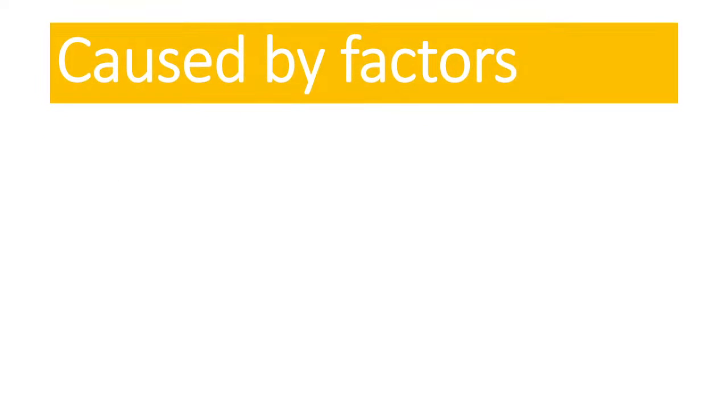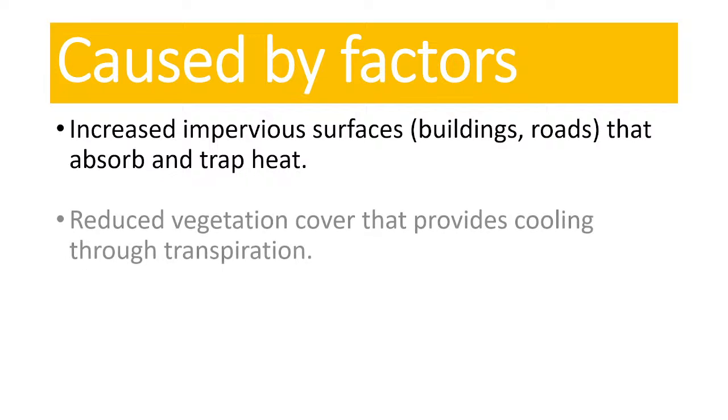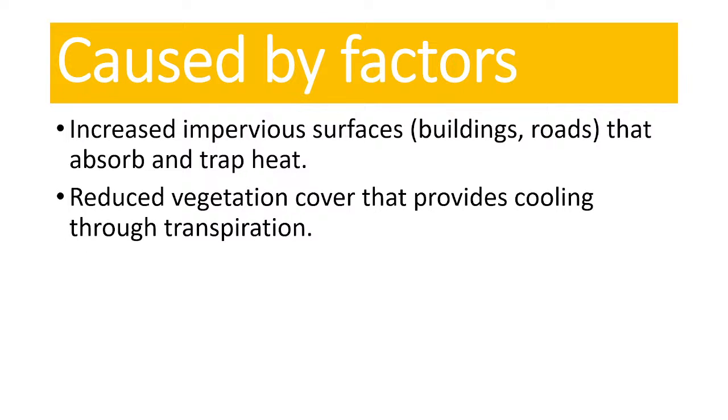And now, the causal factors for urban heat island. Basically, in the urban area, we find increased impervious surfaces such as buildings and roads that absorb and trap the heat, as well as reduced vegetation cover.